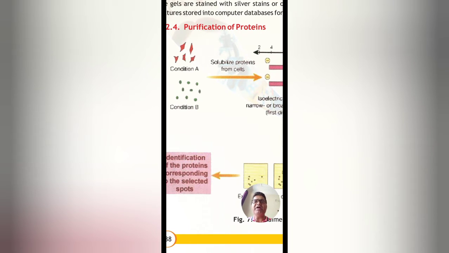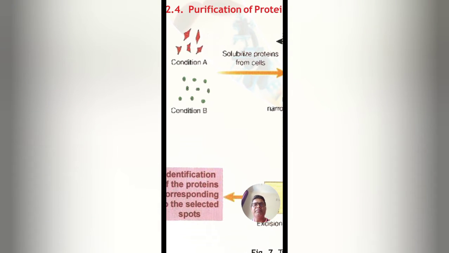After collection of the blood, we isolate the protein, that is hemoglobin protein.